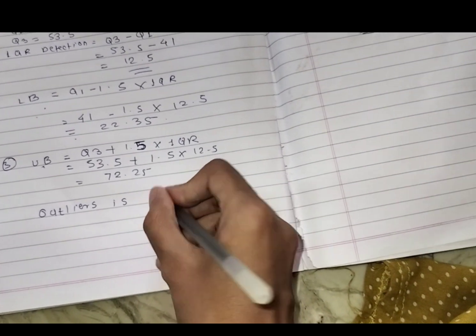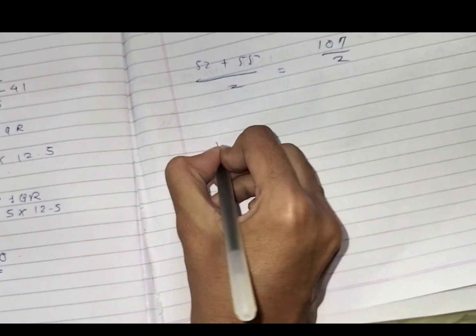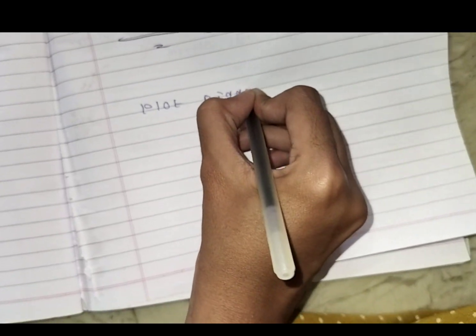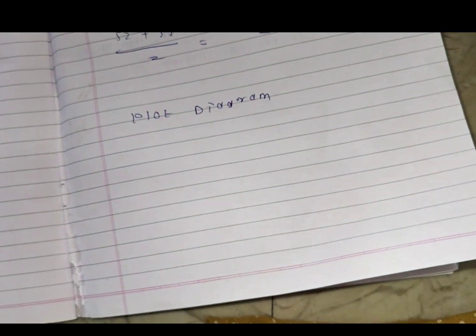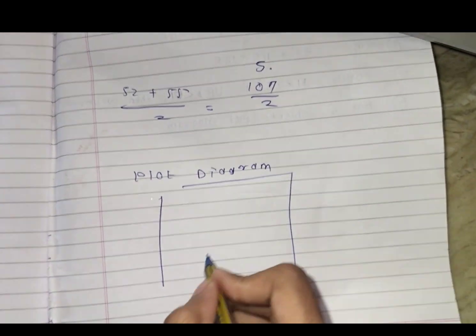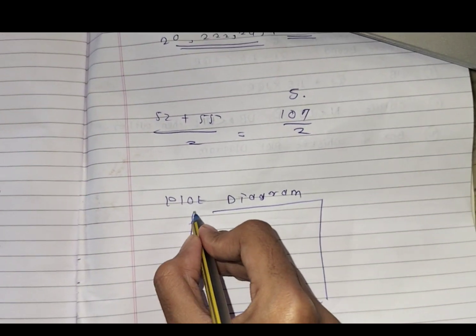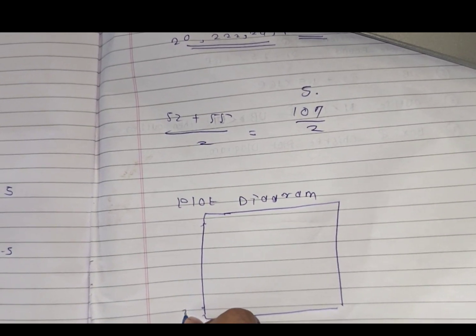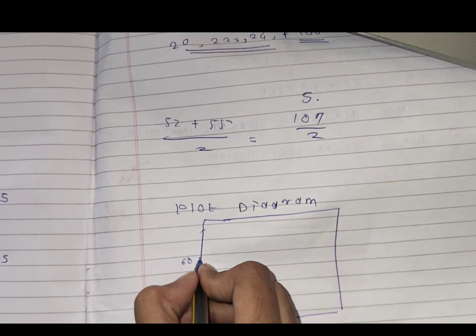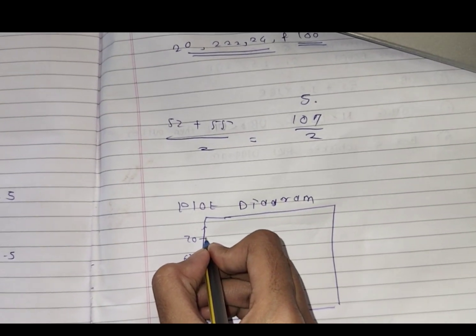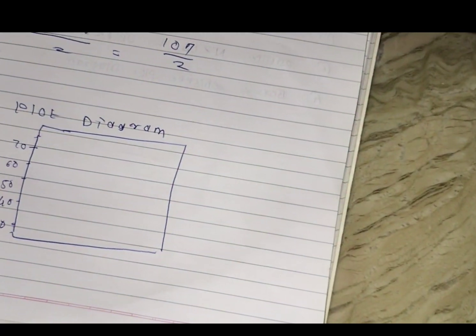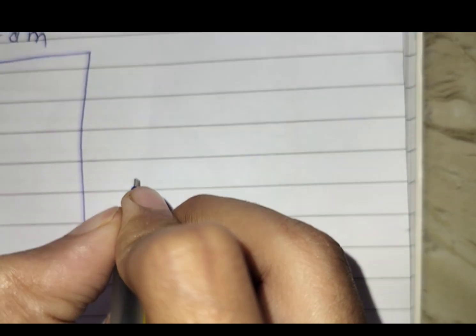Now we will draw the box and whisker plot diagram. For that, we will give the numbering. We will first do the marking.